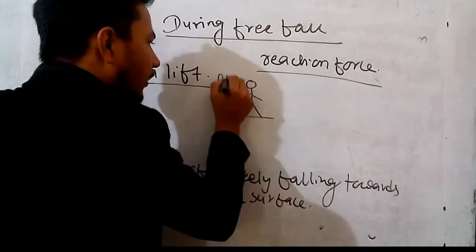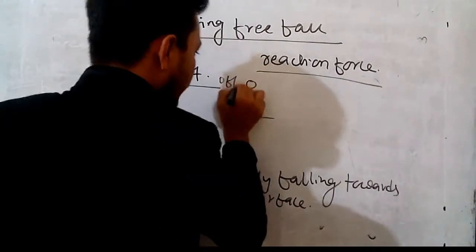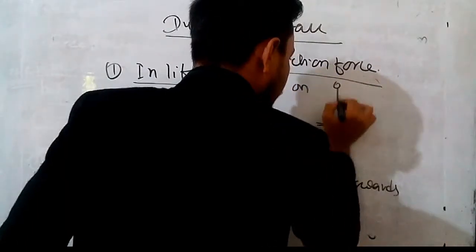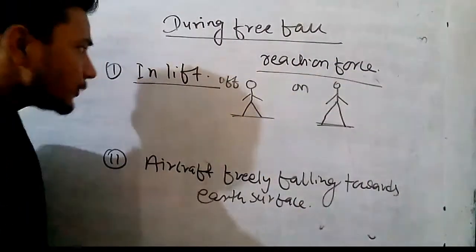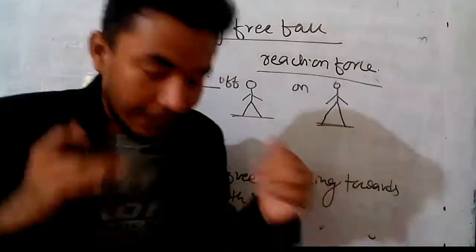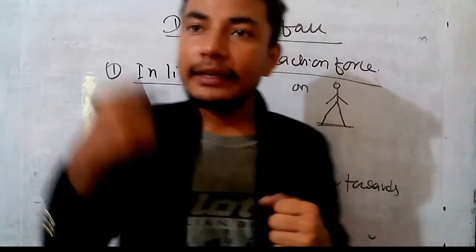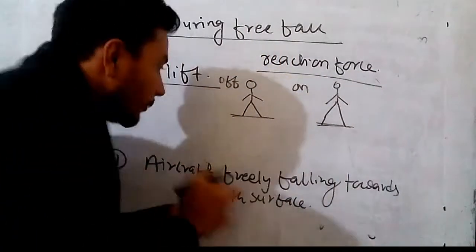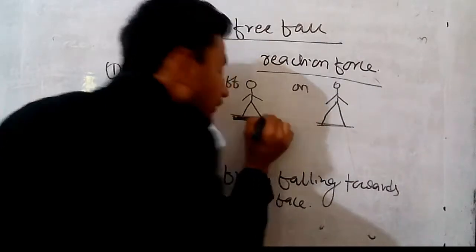When the lift is on and when the lift is off, what happens? In the lift, when the switch is off, the man is just standing on the surface of the lift, then the man exerts reaction force on the base of the lift, and so it shows some weight.